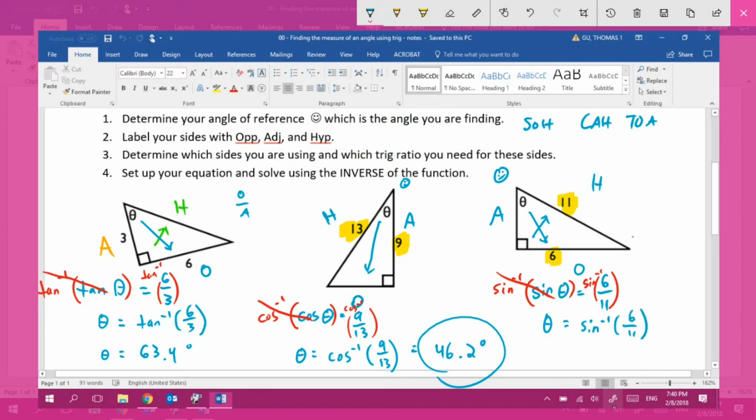Now simply put that in the calculator: inverse sine of 6 divided by 11, enter, and theta equals 33.1 degrees.